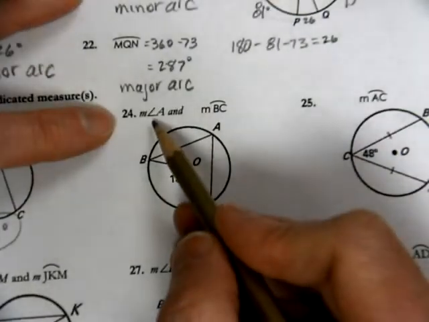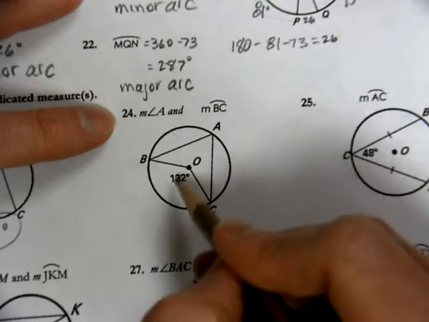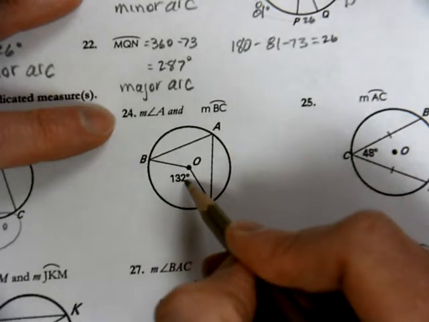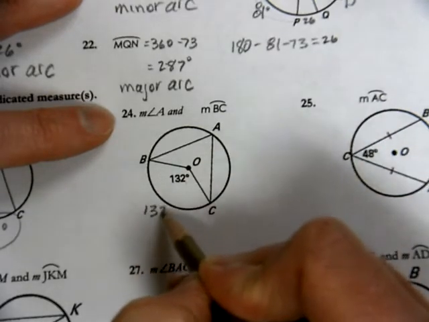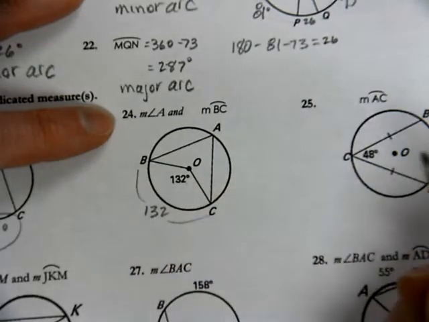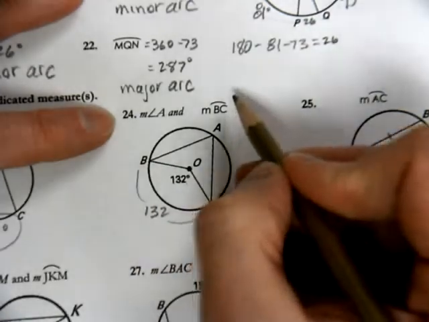We need to find angle A. Well, if this is 132, the arc is 132. That's a central angle. That's BC.